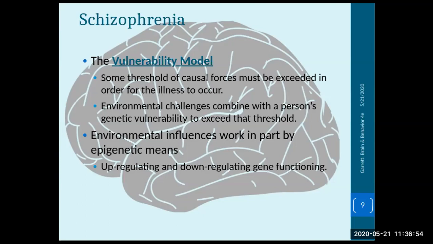Something that increases the stress level, and boom, it pushes the causal forces above that threshold, and like the action potential, everything goes out of whack, right? The clock stops working, the spring has sprung, and that's where things go downhill.